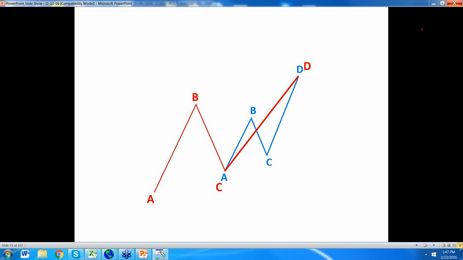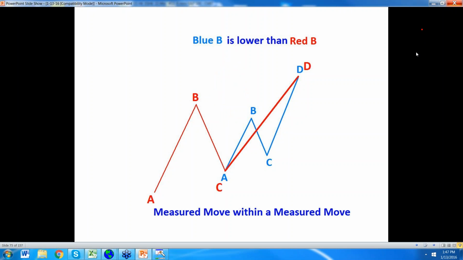It's a weaker uptrend when two measure moves are stacked like this. The blue one is nested inside the red one. So again, with point B lower in blue than the red, this makes it a weaker uptrend. So we call this a measure move within a measure move. The blue is inside the red.